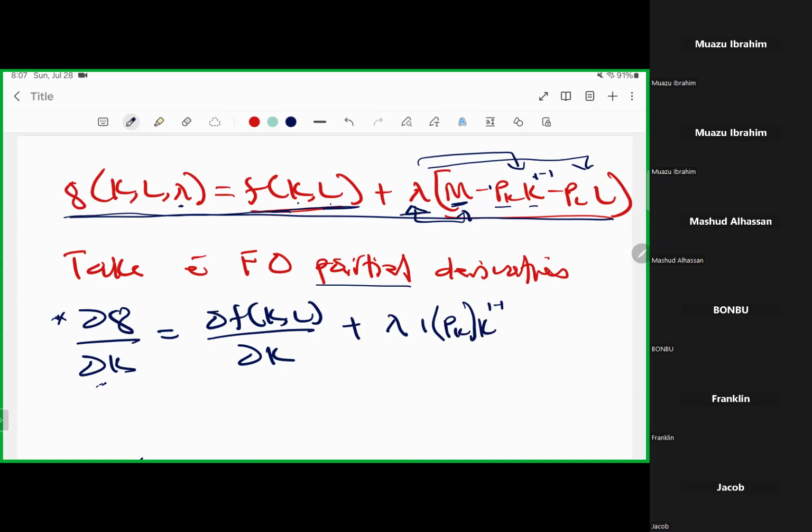So any number raised to the power 1 is itself. Here, this 1 minus 1 will be 0. So any number raised to the power 0 is 1. So the entire thing will be 1. And because of this negative sign, here would also be negative.